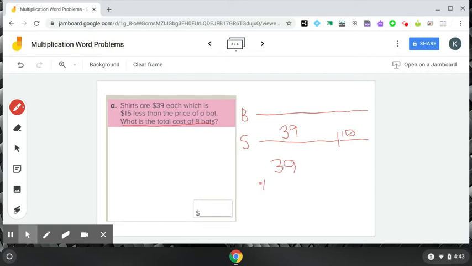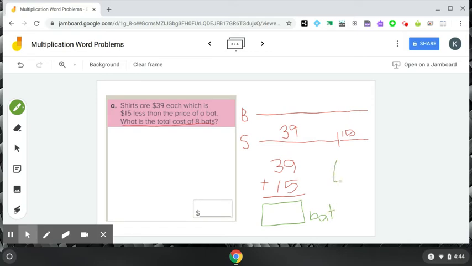So if we know that a bat costs the price of a shirt, which is $15 less than the bat, we could add this together. And when we get the total for this amount, now we know the cost of a bat. So we know now that bats will cost this amount.